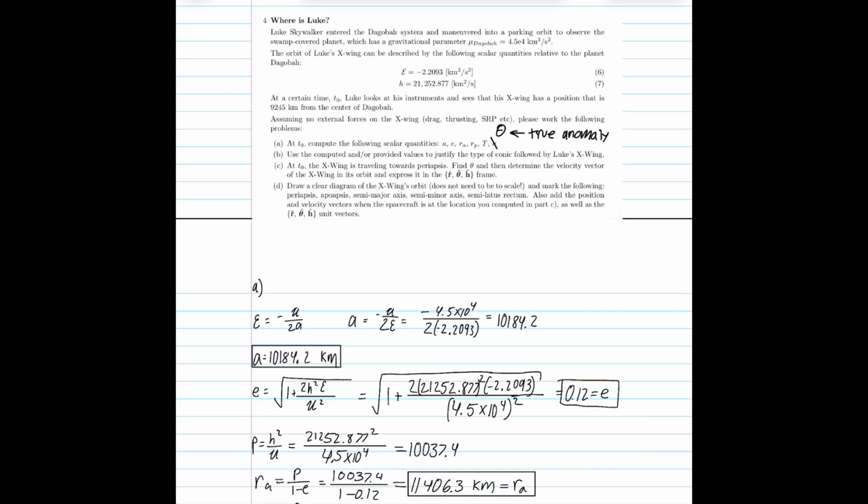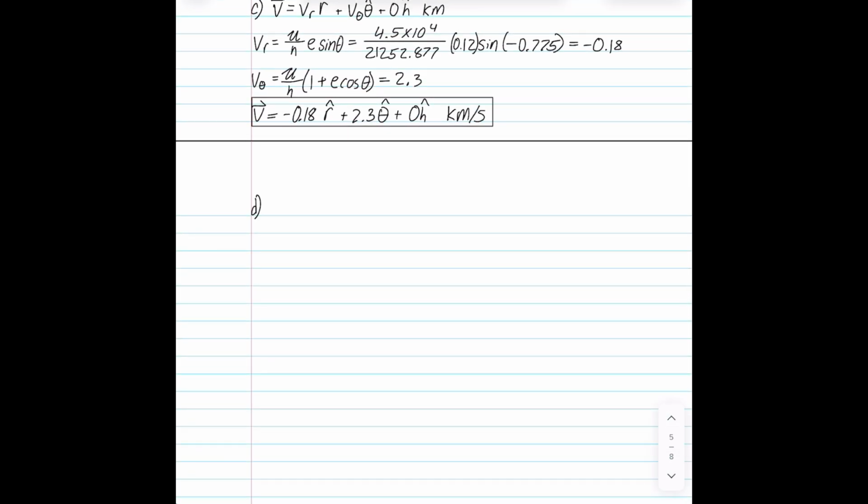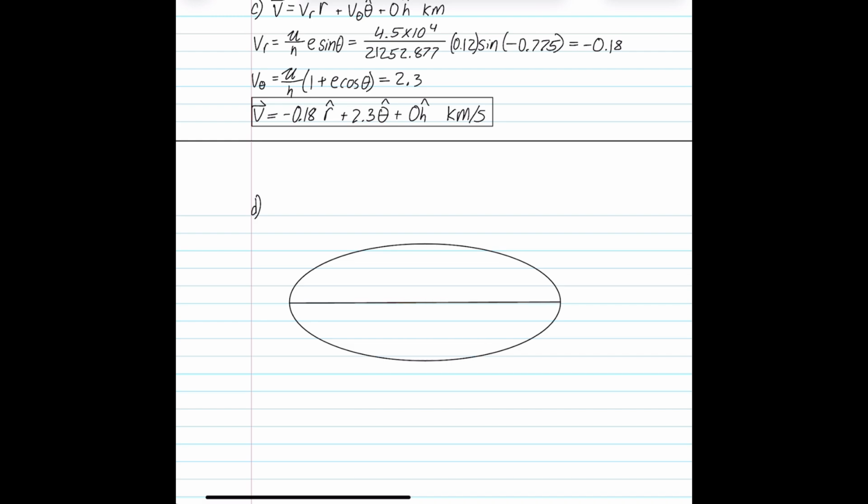Now we want to draw a diagram of the satellite in the orbit in the specific location with the specific velocity and the key orbital elements on it as well. So that's the center of the elliptical orbit, that's the focus, that's the eccentricity vector, that's periapsis, and that's apoapsis.